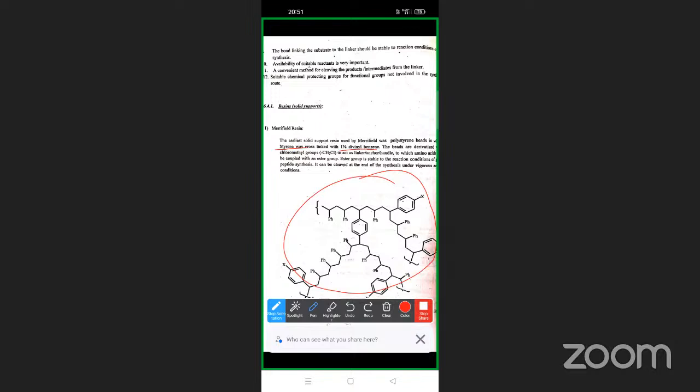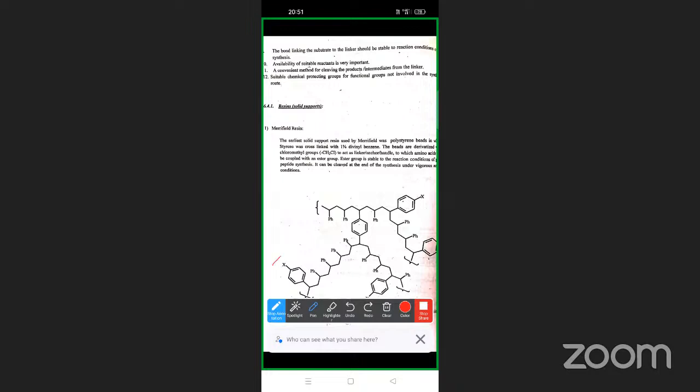And the Merrifield resin is attached with the X group here. The X group is nothing but the chloromethyl group.